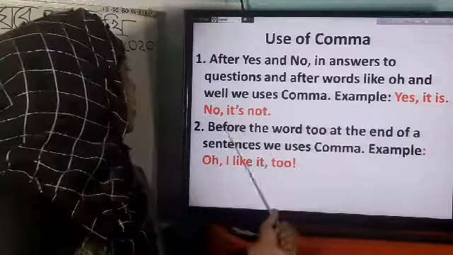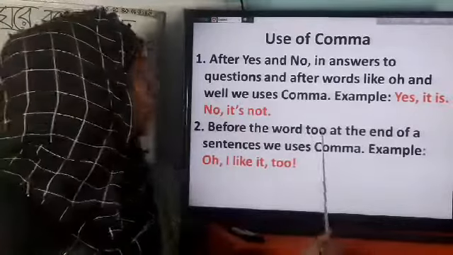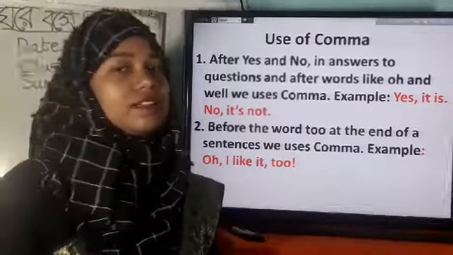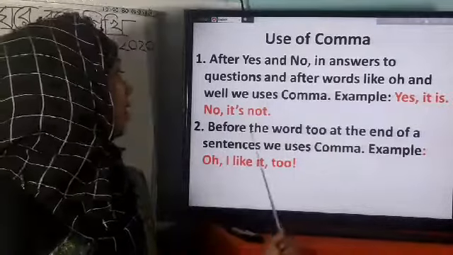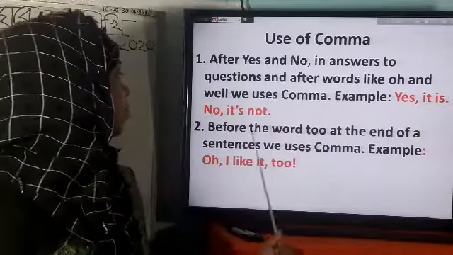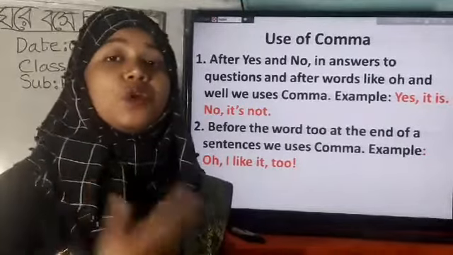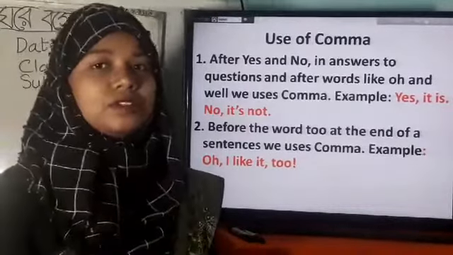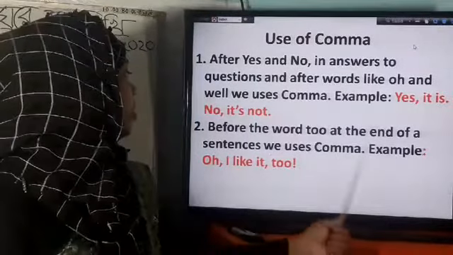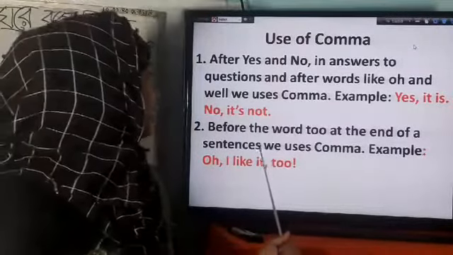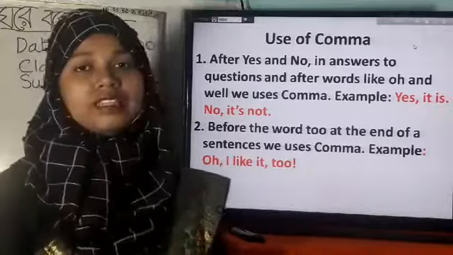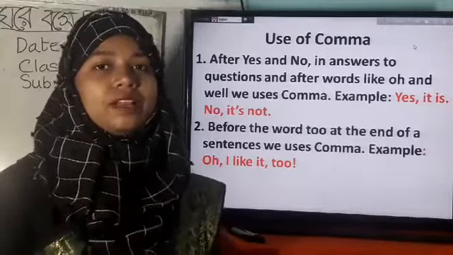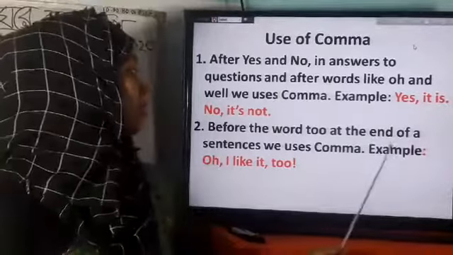Dear student, before the word "to" at the end of a sentence we use a comma. What have I explained? When we use "to" at the end of a sentence, we use a comma before that "to".